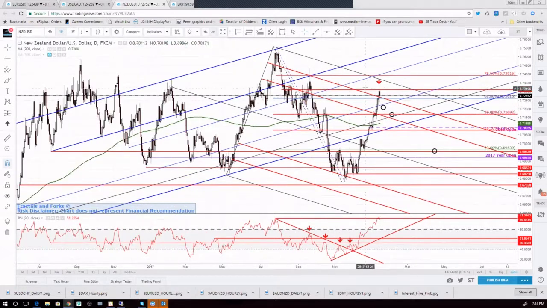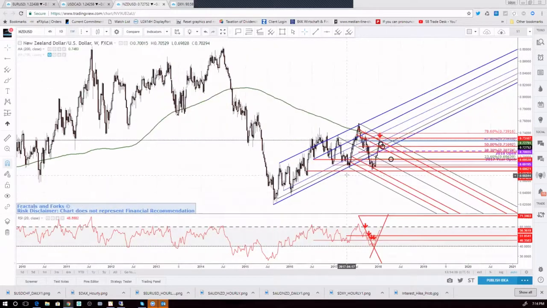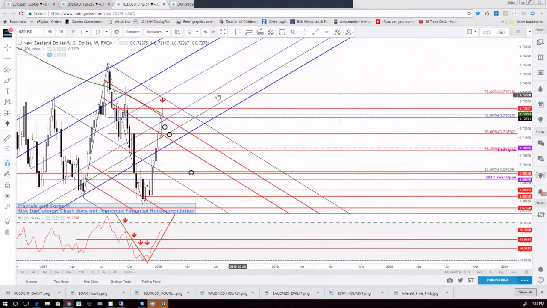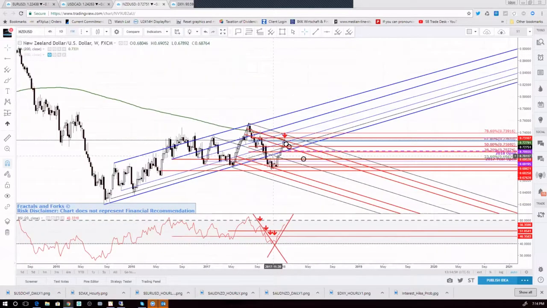Where does this level come from? Let me switch to a weekly chart. It's actually weekly levels. That was a close support here, a close here, a close here. So it could be an important level for the reversal.